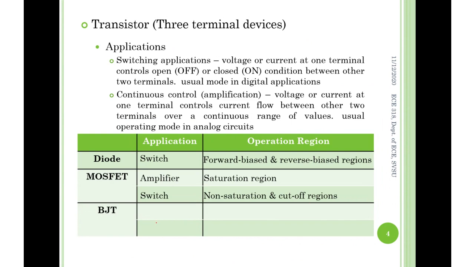For BJT, similarly, if you want your BJT to work as an amplifier, you need to use the DC circuit to bias your Q point into one region, which is not called saturation region, but called active region.